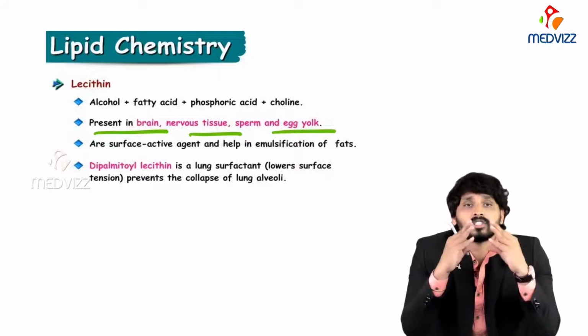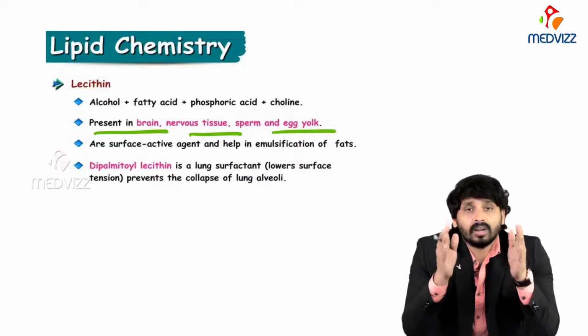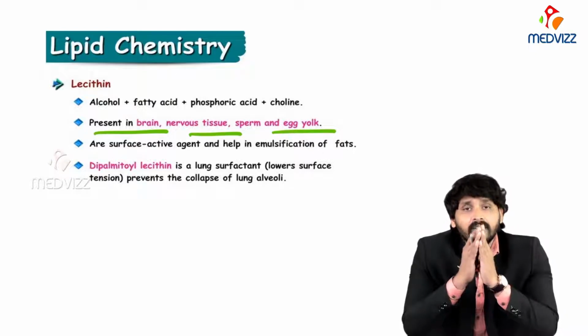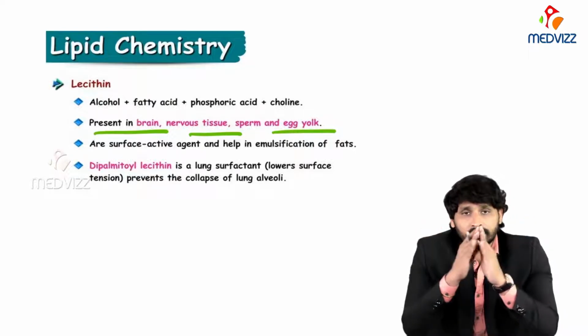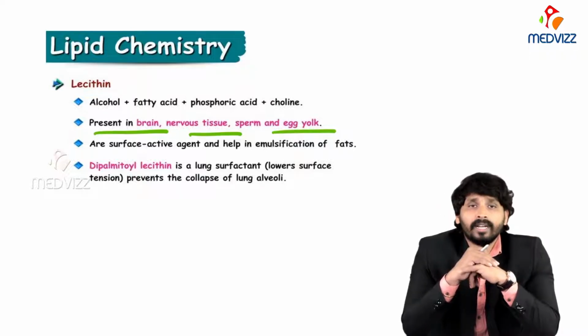So for that, dipalmityl lecithin acts as a surfactant agent, which will not allow the lungs to get collapsed or flattened. So for this expansion and collapsing, there is a medium barrier called dipalmityl lecithin.